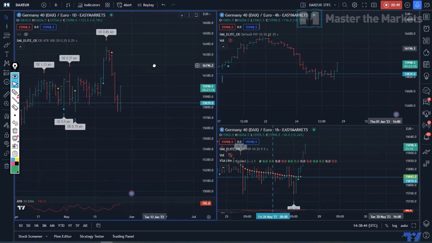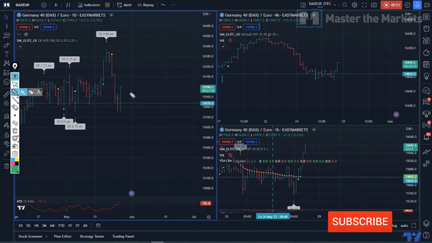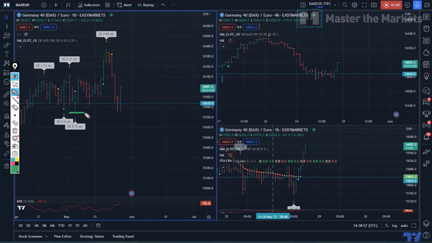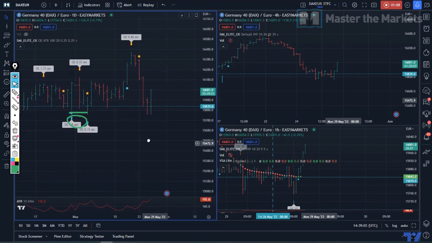So here we are, traders, on the DAX on the daily. Remember from the previous live trading session video we looked at the trend. The trend took out this low here, right? As indicated by our smart money tops and bottoms indicator.